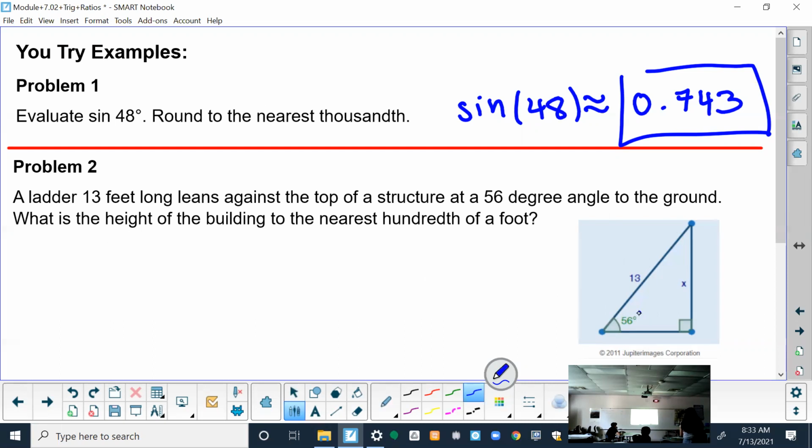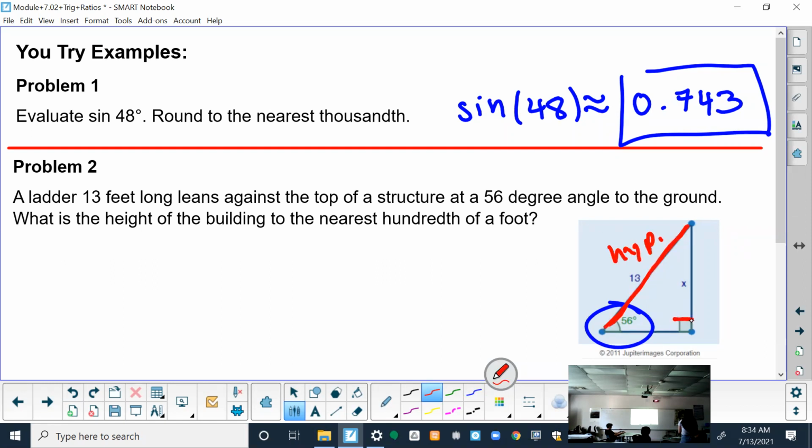So I would just look at what it gives me. It gives me an angle, and it gives me a value for what side would this be, that the 13 is on? Is it adjacent, hypotenuse, opposite? The hypotenuse, good.